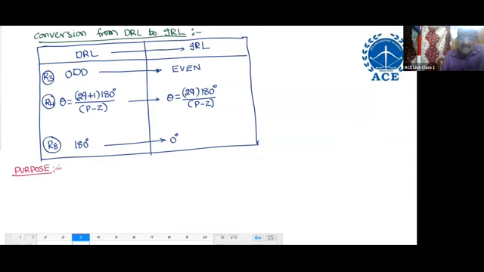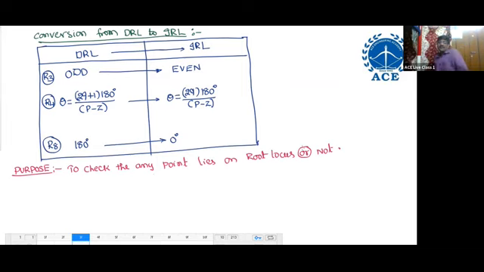We can use the angle condition to check whether any point lies on the root locus or not.